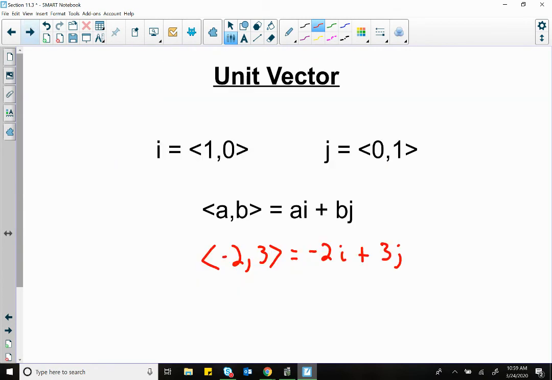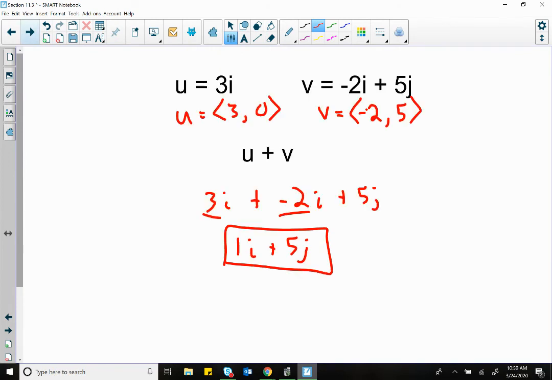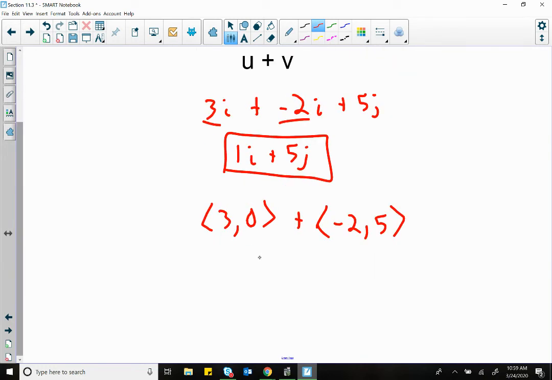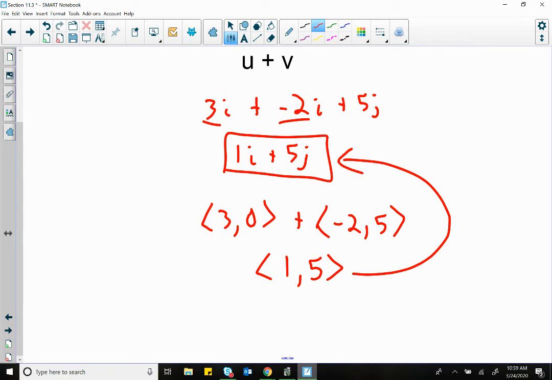Works the same way. And if you put these together in that form, 3, 0, plus negative 2, 5, you end up with this for your answer, 1, comma, 5, which again, in unit vector form, looks just like that. Like I said, it's just another way to write it. Okay?